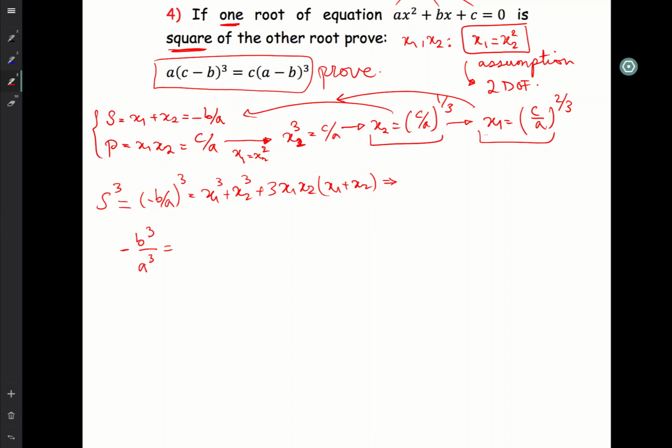The question is, where are these coming from? C minus b cubed, a minus b cubed, right? Let's see.